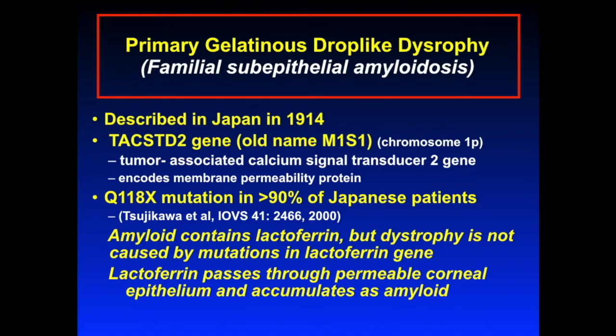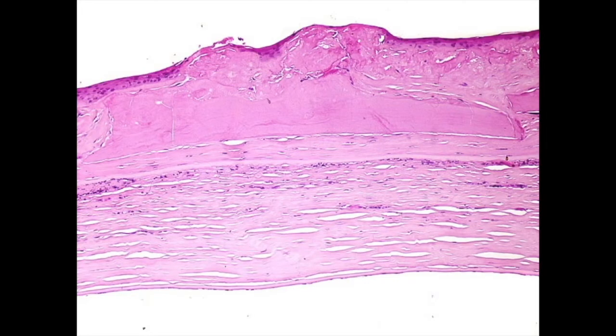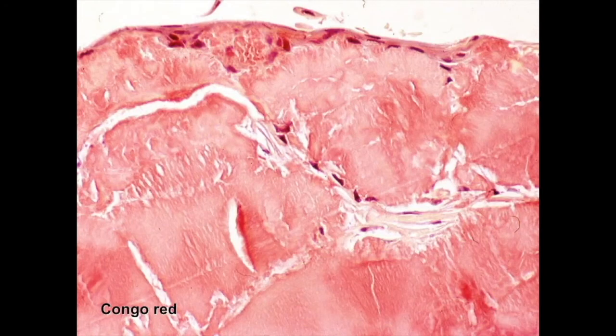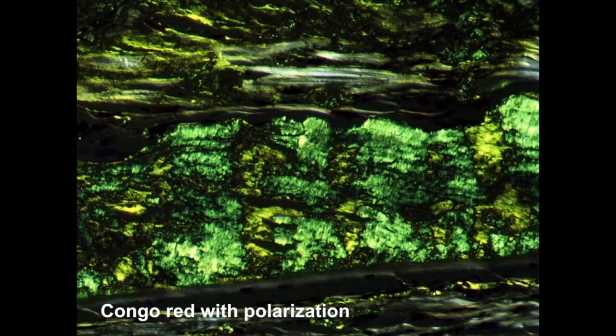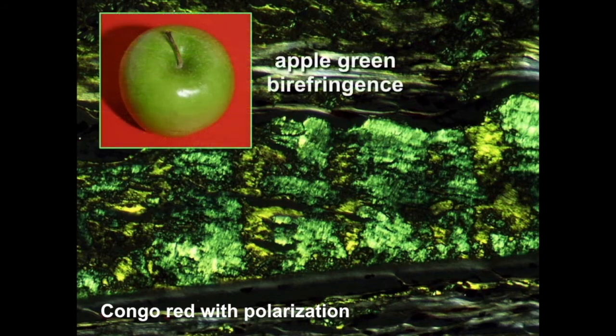Lactoferrin passes through the permeable corneal epithelium and accumulates as amyloid. Here's a histopathology showing a massive subepithelial deposit of amyloid in a case. Of course, the amyloid stains positively with the Congo red stain, and exhibits characteristic apple green birefringence to polarized light.